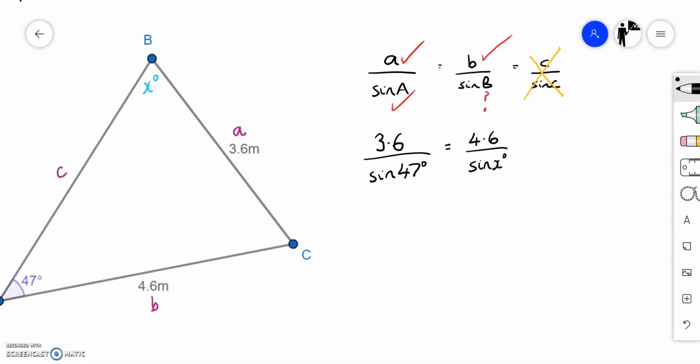Our goal is we want to work out what is x. What we're going to have to do initially here is we're going to need to make sine x the subject of the formula, and at the moment it's on the denominator.